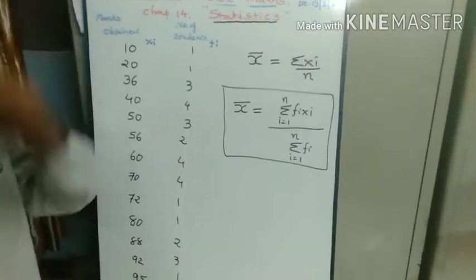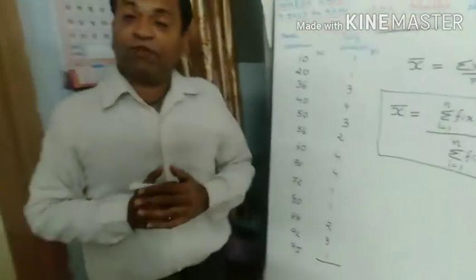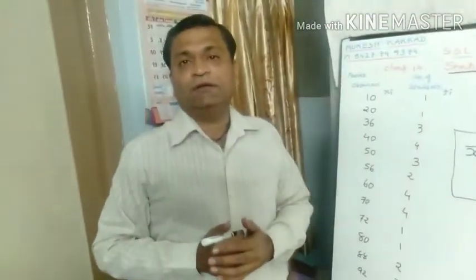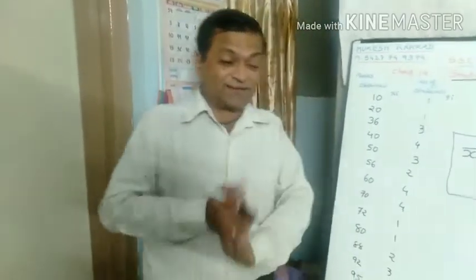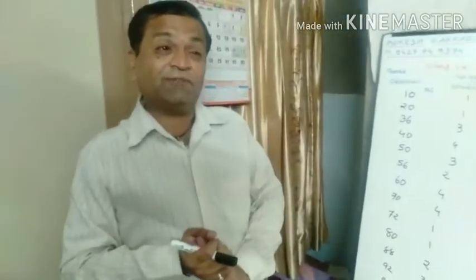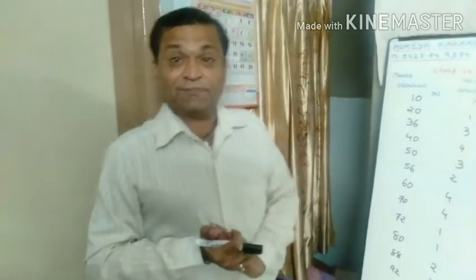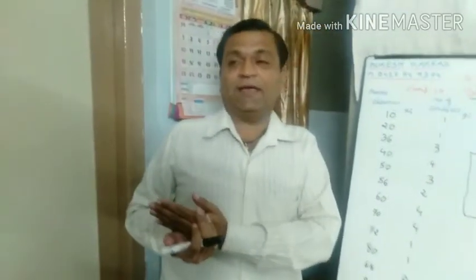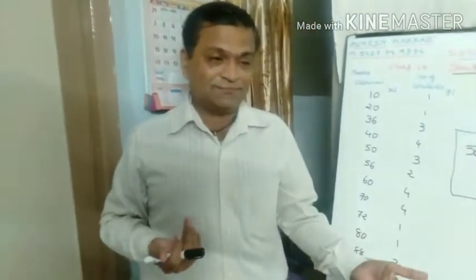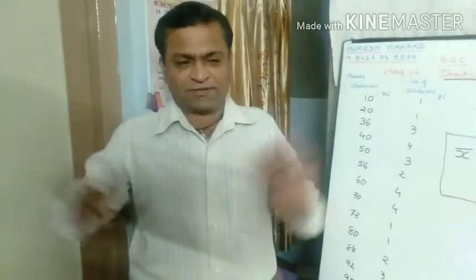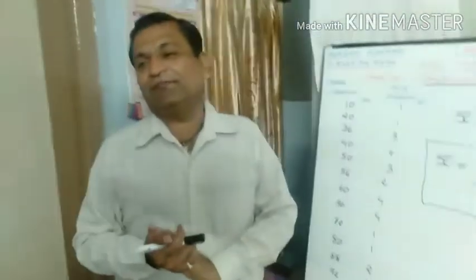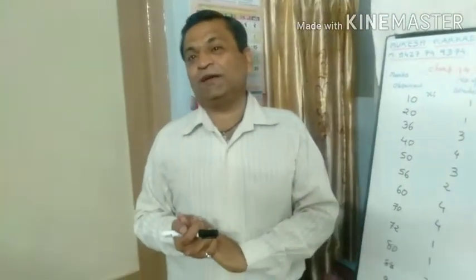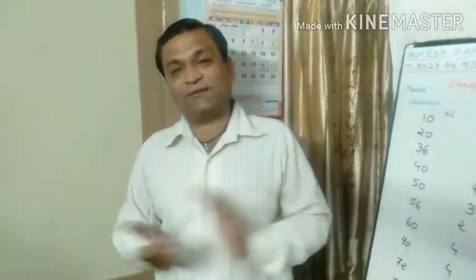I am going still ahead. If we are taking an exam of 100 marks, then what will happen? Someone may have got 100 and someone may have got 1. We are assuming no one has got 0. Then it is the same difficult way for us to find out the mean, to find out the sum.